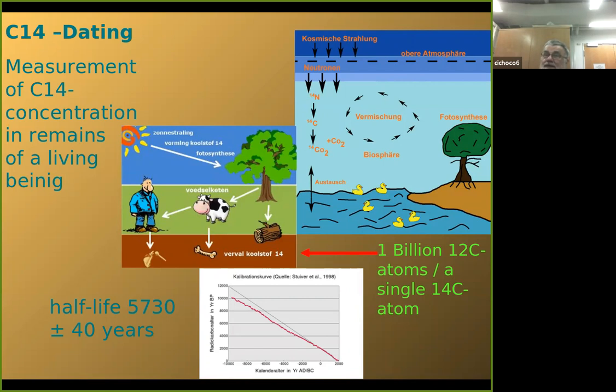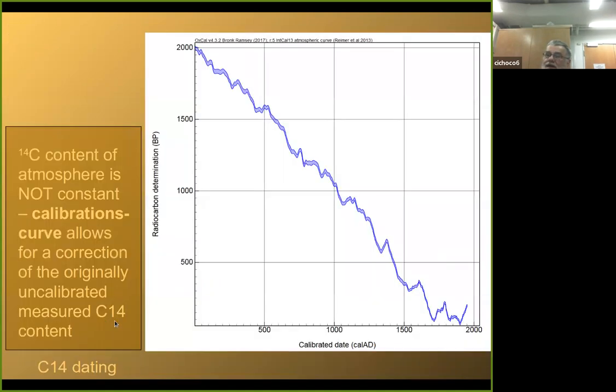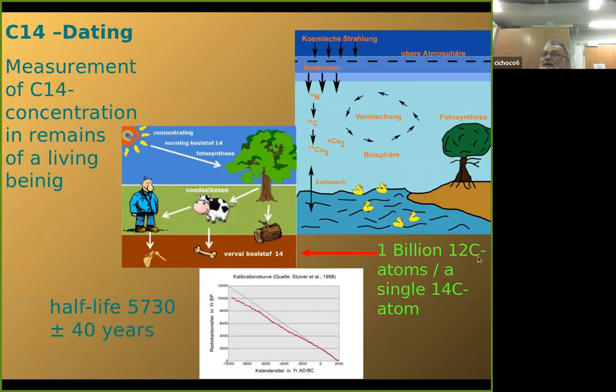So carbon is a part of all organic material, but it has several forms, which are C12, C13 and C14. C12 is the most common form of carbon. Sorry, and this is shown here.